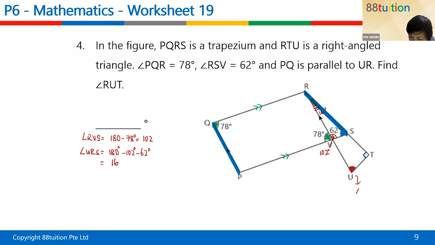So we call this RUT now: 180 minus 16 degree minus the right angle of 90 degree. That gets down to 74 degree. Any question?